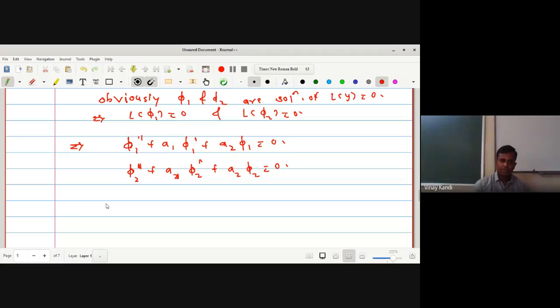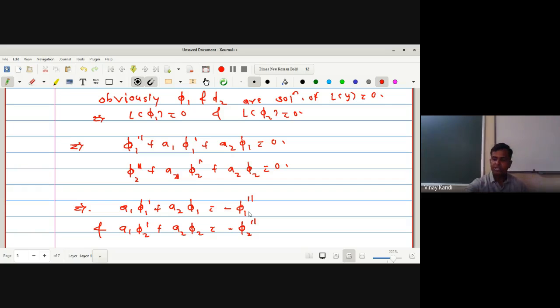No, sir. Which implies a1 phi 1 dash plus a2 phi 1 is equal to minus of phi 1 double dash, and a1 phi 2 dash plus a2 phi 2 is equal to minus of phi 2 double dash.